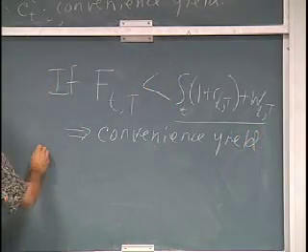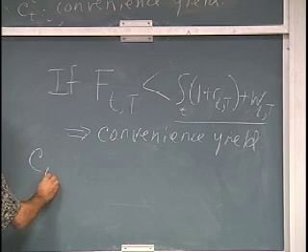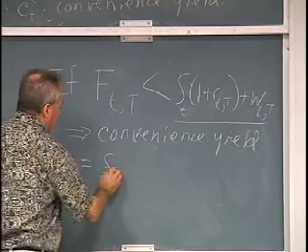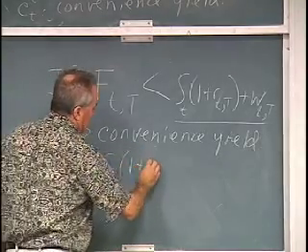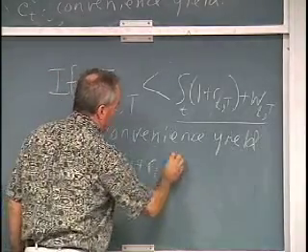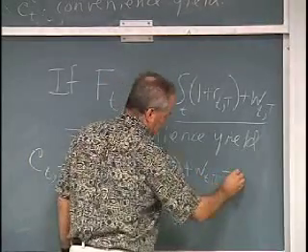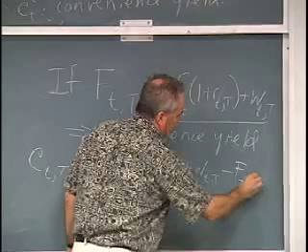And the convenience yield, C sub t through time t, will equal the spot price plus the cost of carrying the spot price plus the warehouse fee, minus the futures price.